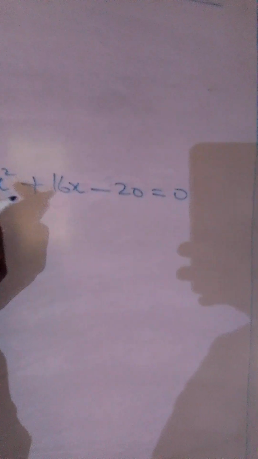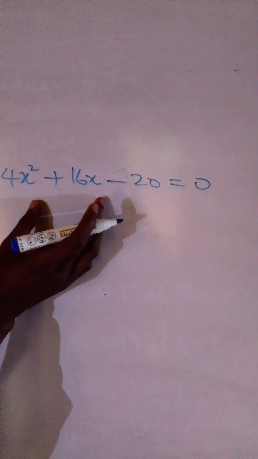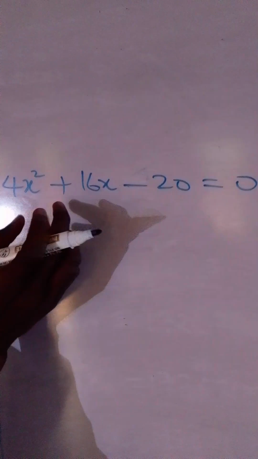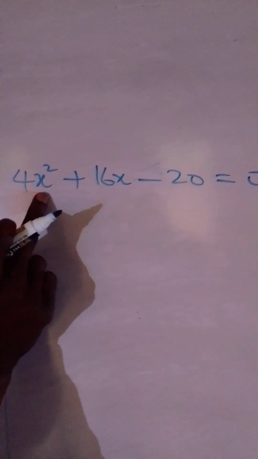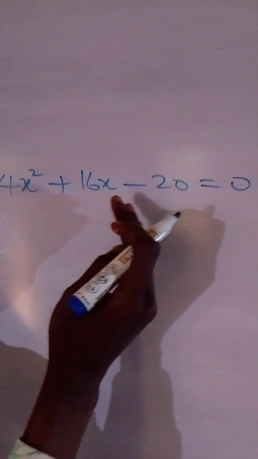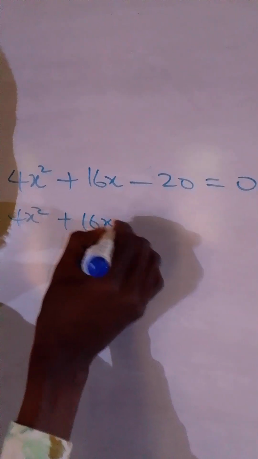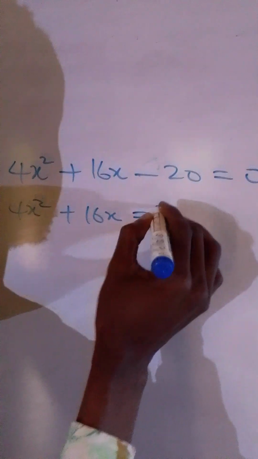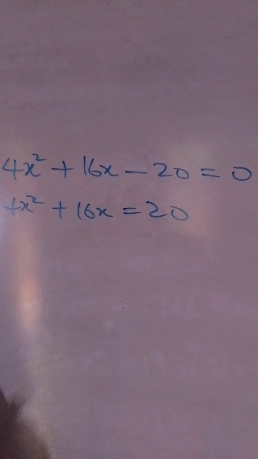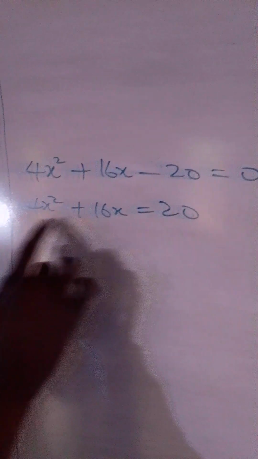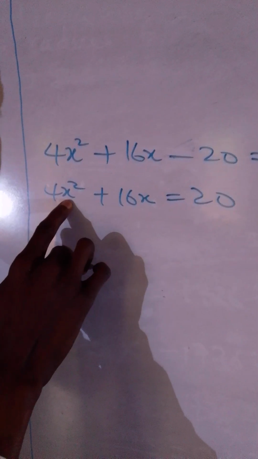Now applying the first step of completing square method, which says arrange the terms containing x squared and x on the left hand side and the constant on the right hand side, we have 4x squared plus 16x, then taking minus 20 to this side becomes plus 20. Then step 2, which we have also done, is that the coefficient of x squared must be unity.